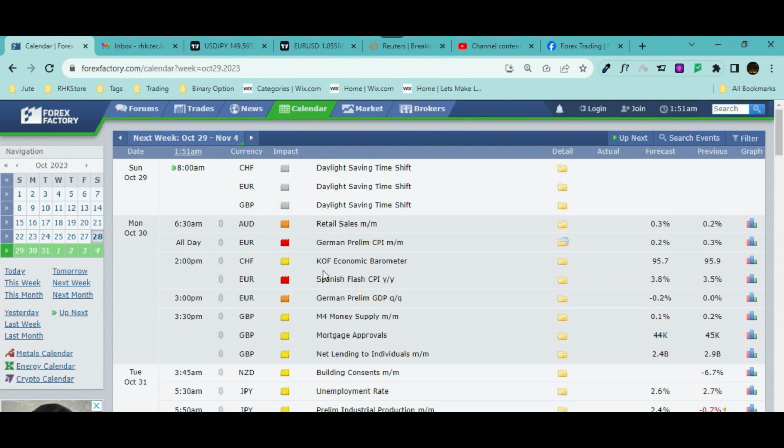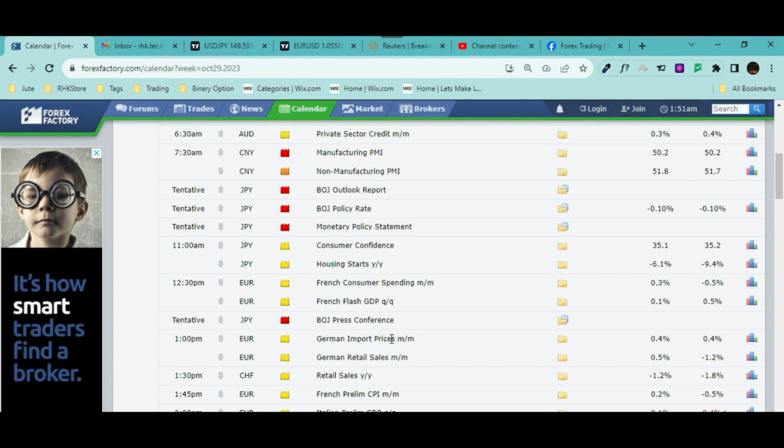Japanese interest rate will be a very big issue. Currently it is negative 0.1%, the Bank of Japan policy rate. The economic view of Japan is not good at the moment, but so far we understand that the Japanese would like to put a cap at 150 yen for $1.